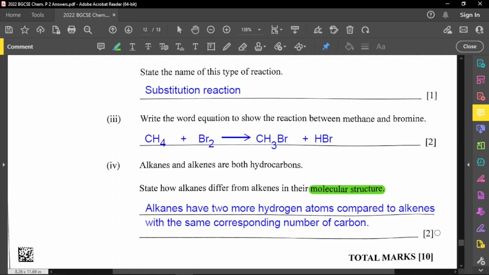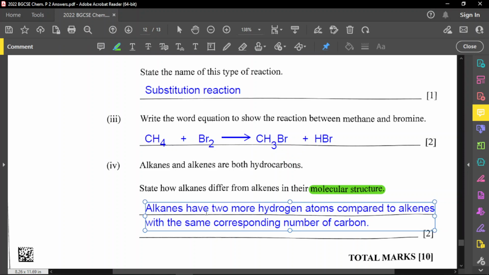All right, and so for part 4, it said alkanes and alkenes are both hydrocarbons. State how alkanes differ from alkenes in their molecular structure. Molecular, which means just the exact number of each element, or atoms.